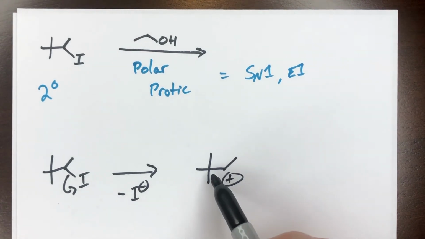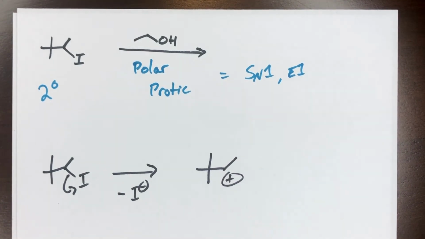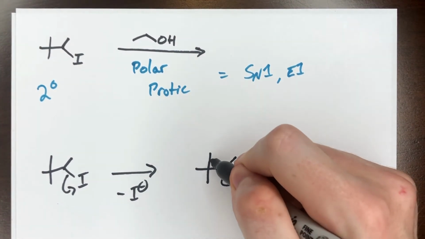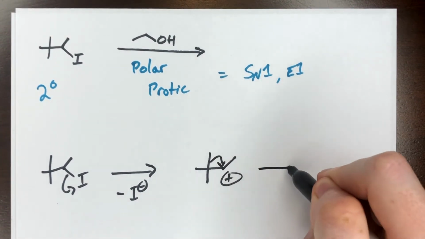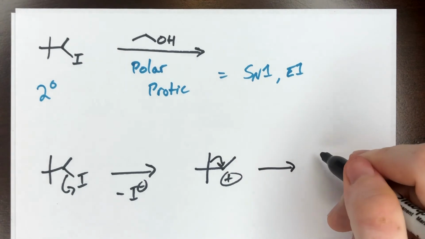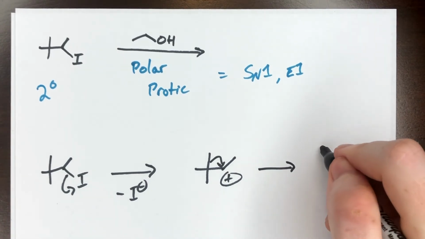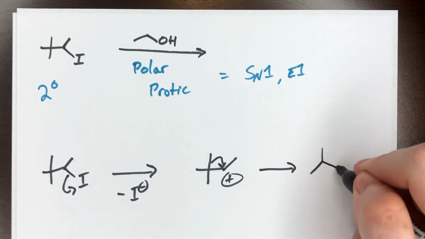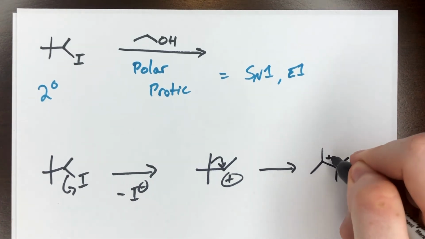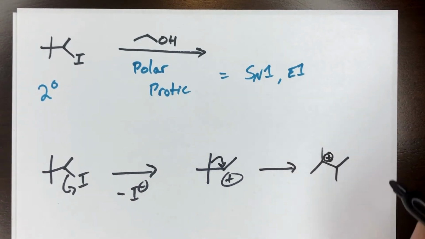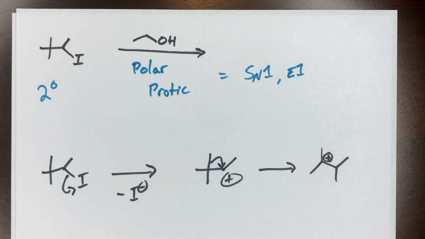Now there's no hydrogen at the adjacent carbon, but there is a methyl. So what you get is a methyl shift, which gives you the following product, with a carbocation in the tertiary center now instead of a secondary center. So that is a favorable process that I've drawn there.